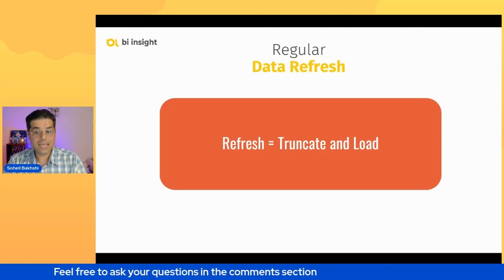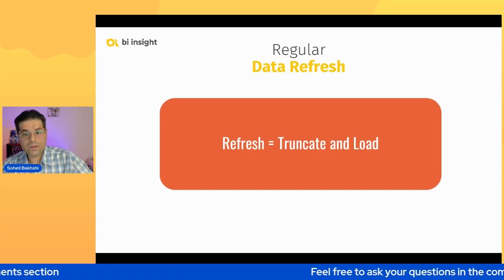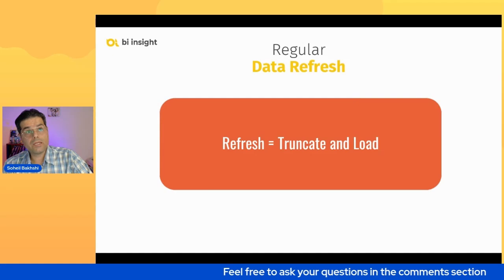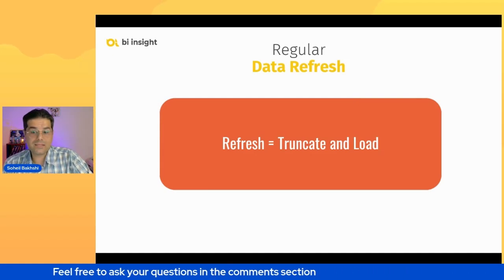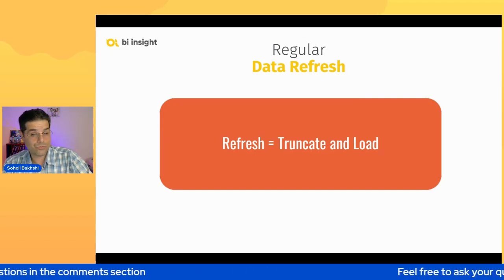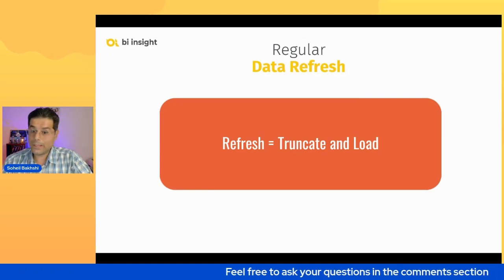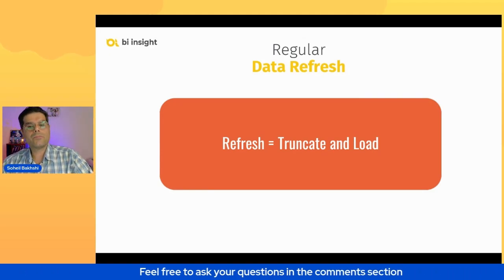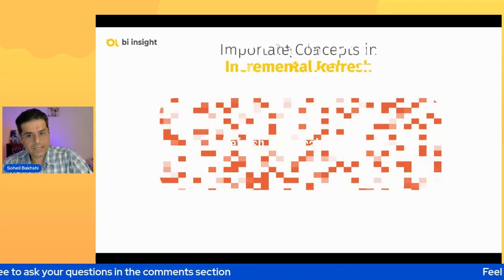So the table is empty, and then I start loading it from scratch. Now let's think about it. I have a really, really large fact table, which perhaps takes more than 2, 3, 4, 8, 10 hours to refresh. It doesn't sound right to me to do a complete refresh, which is truncate and refresh.